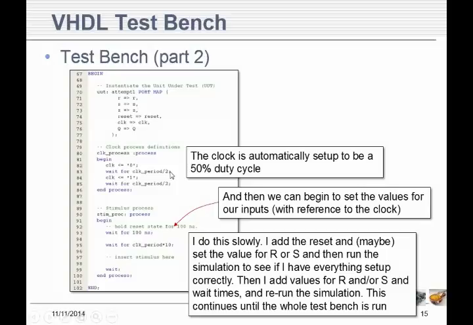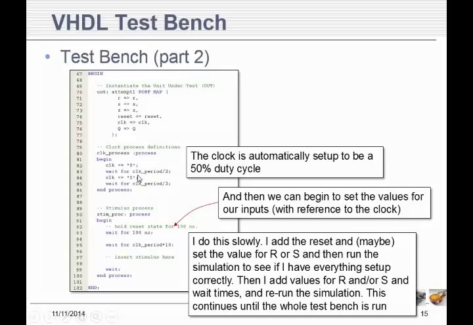So if that period was 10 nanoseconds, it's going to wait for 5. Then it's going to make clock equal to 1, and wait for 5 nanoseconds again. It ends the process, which means it starts over, because it ends this particular one, starts again, and it's 0 for 5 nanoseconds and 1 for 5 nanoseconds.